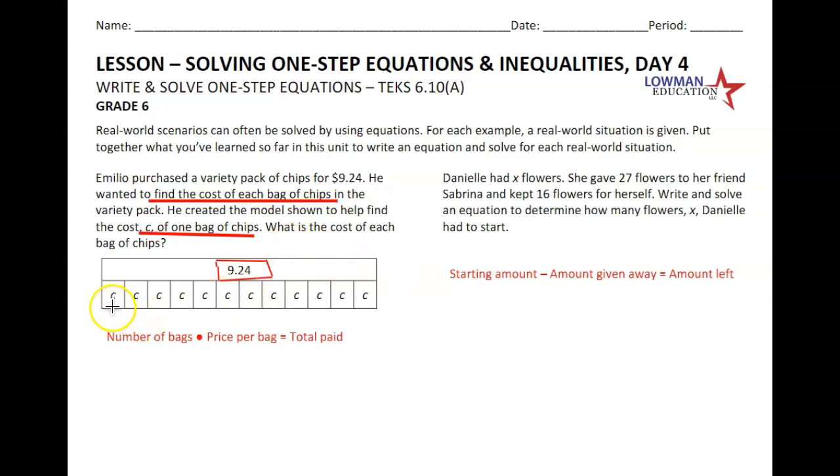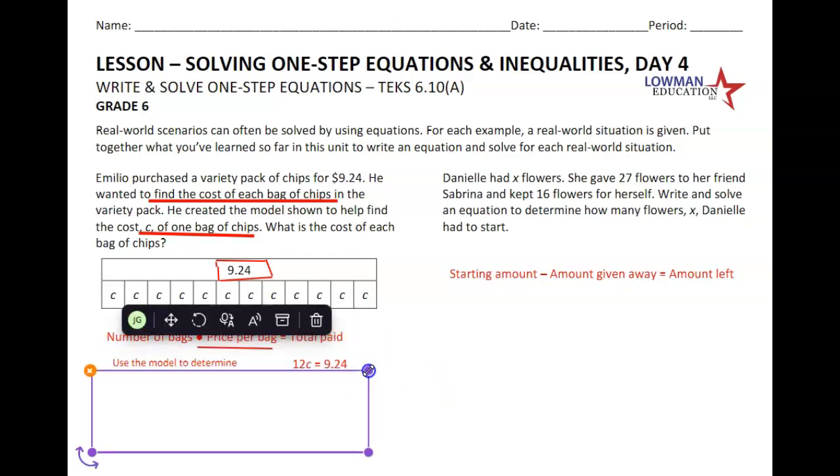Okay, we can tell that he bought 12 bags of chips represented by the 12 C's. So we need to first identify, what do you know? You know the number of bags, and you know the total paid. You are looking for the price per bag. So that is how we are going to set up our equation.